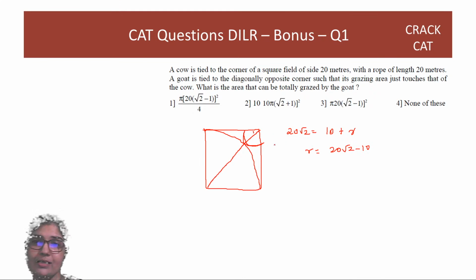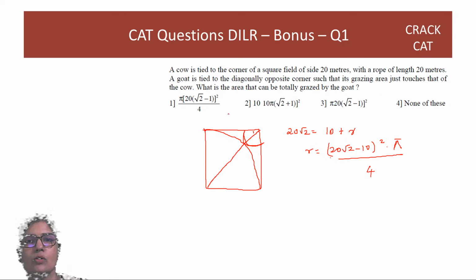And it is not grazing the full circle, the goat is just grazing a quarter, radius square into pi divided by 4. So first option is 20 common root 2 minus 1. But wait, sorry, this is not 10, it is 20. Yeah. So this is your answer. You take 20 common outside, root 2 minus 1. So it's the first option.